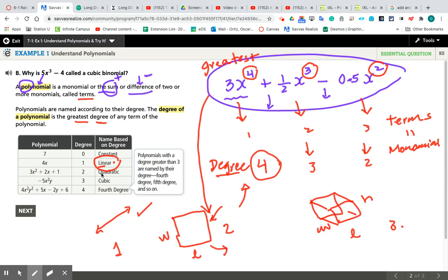So quadratic, cuadrado. So hopefully you make the relationship right there. And if it is degree 3, like in this case, x to the second power times y. Remember, we add the exponents, so 2 plus 1 is 3. So the degree of this polynomial is 3. Then we call it cubic because the cube has 3 dimensions.